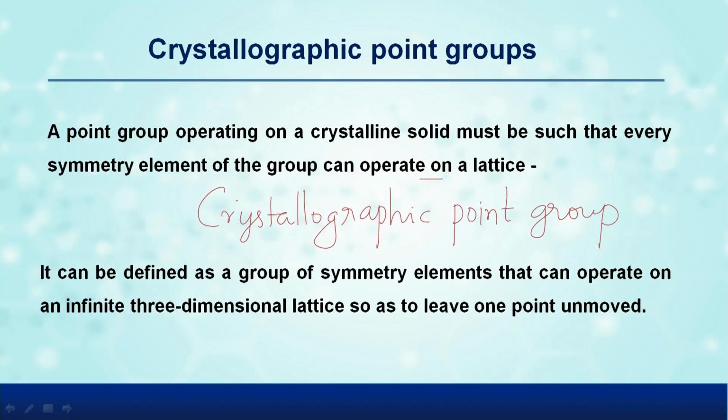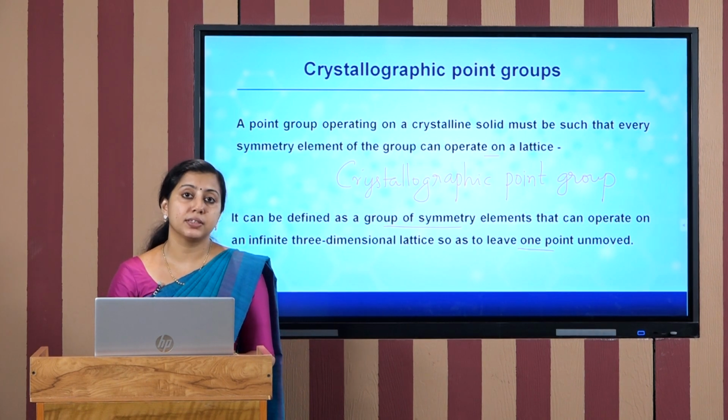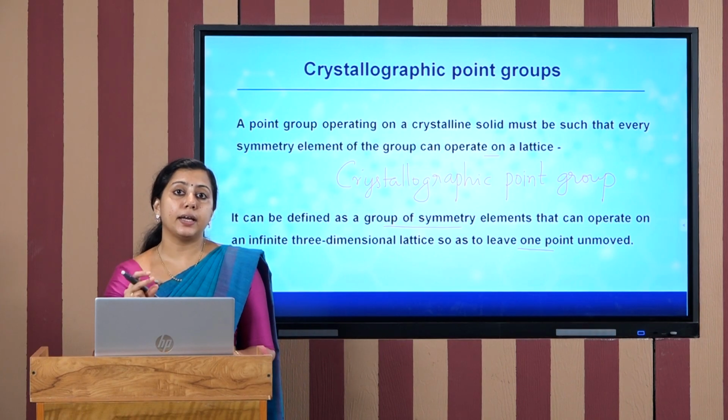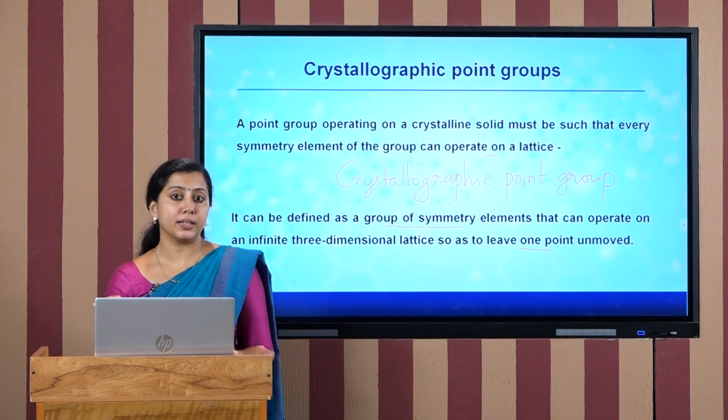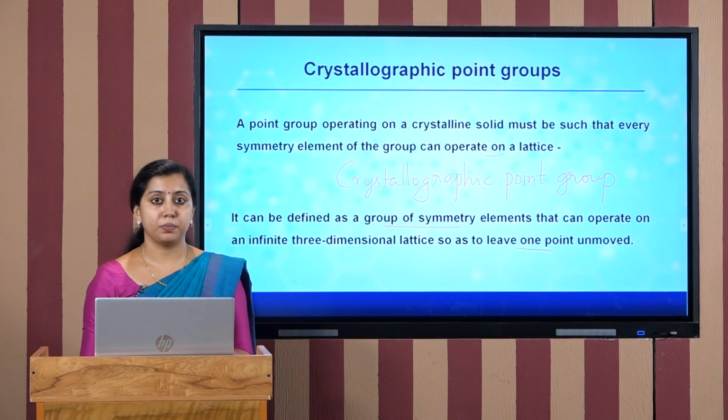It may also be defined as a group of symmetry elements that can operate on an infinite three-dimensional lattice so as to leave one point unmoved. As I mentioned earlier, there will be a point in a crystal which, when any of the symmetry operations is carried out, is retained unmoved or unchanged. Okay. So, that is called a crystallographic point group.